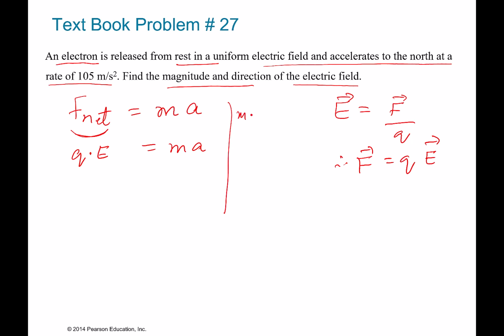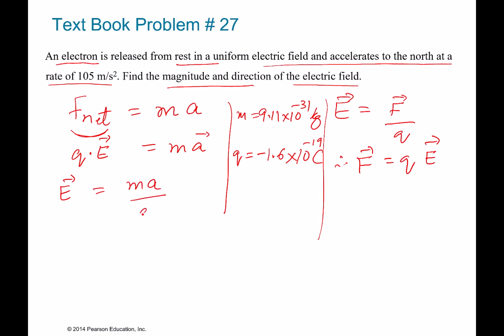The mass of the electron is 9.11 × 10^-31 kg, and the charge on the electron stays the same. If you're not putting the magnitude, then you should put negative 1.6, because we need to find the direction, so the negative sign is important. So your E vector is equal to m times a over Q.